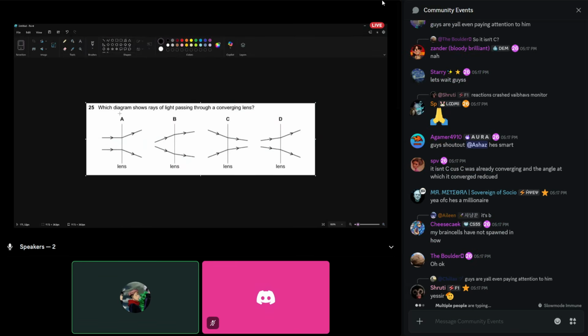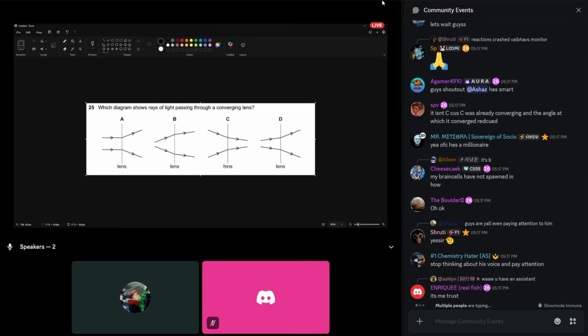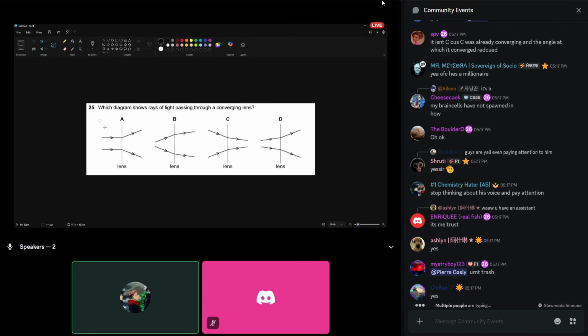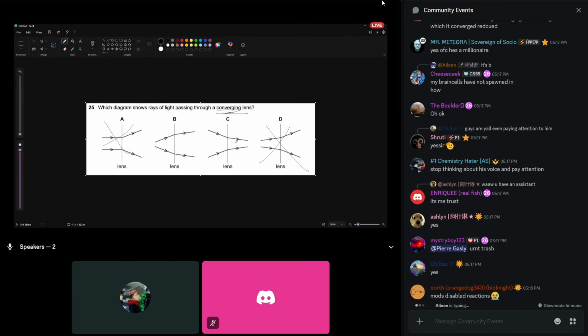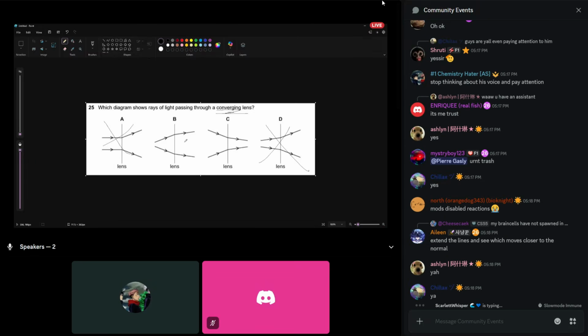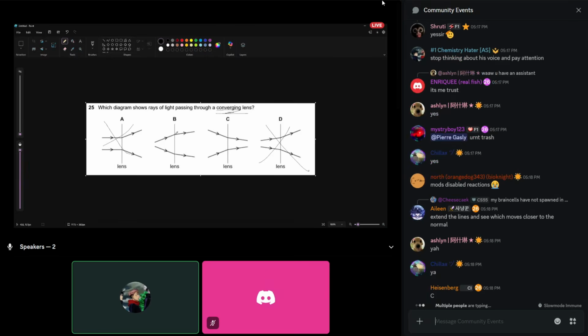So look, A and C are obviously diverging, right? So we can just cross them out. Now the confusion would be between B and C. We're trying to figure out which is converging. In B, it's bending closer to the parallel axis.